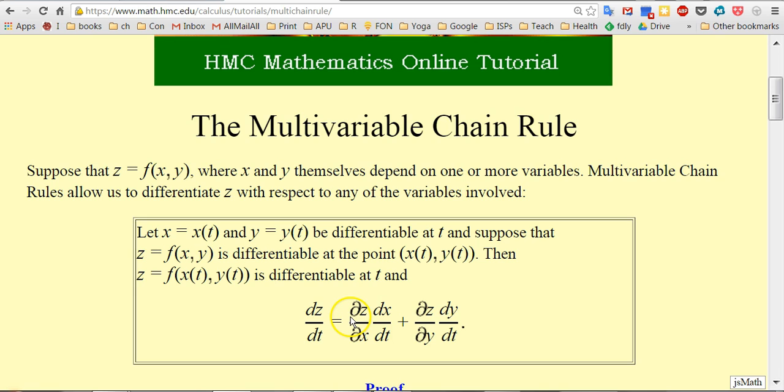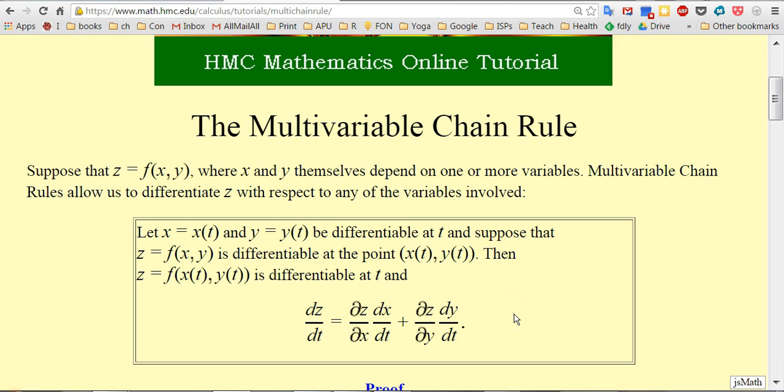And then times the derivative of x with respect to t. Now this also makes sense. x is a function of t, so we can ask for the derivative of x with respect to t. And this is not a partial derivative because x is just a function of t. It's not a function of other variables in this situation. And then we get the same thing for this piece here.